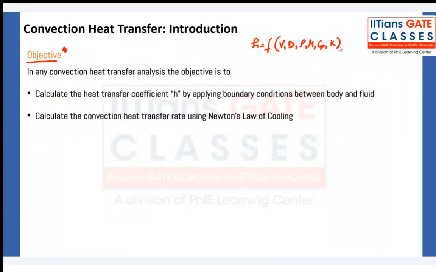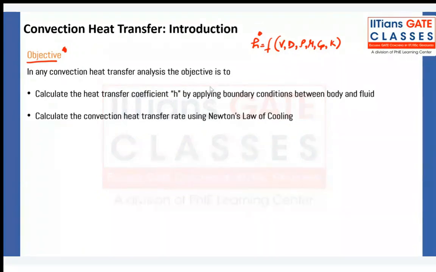Now, the whole analysis of convection is done to determine h. This is the main objective. The whole analysis is done to determine h, the convection heat transfer coefficient. Usually in a question, they directly give you h.